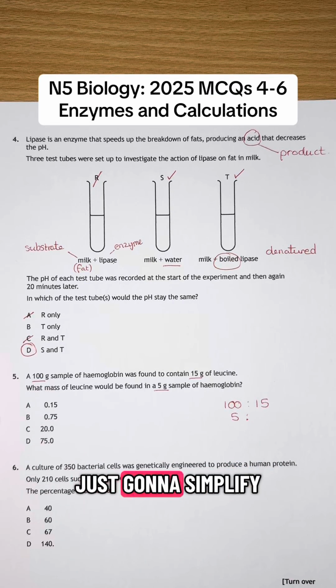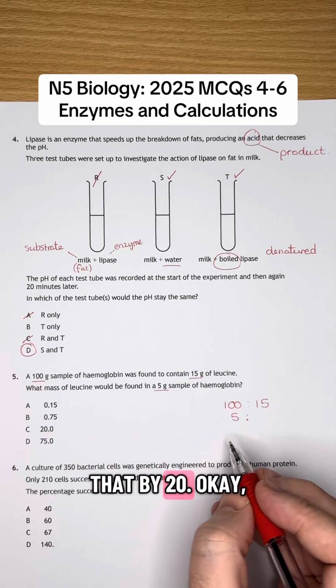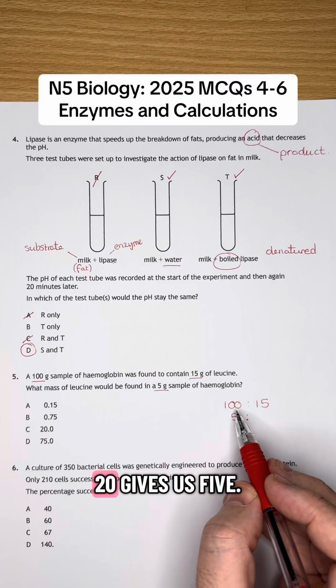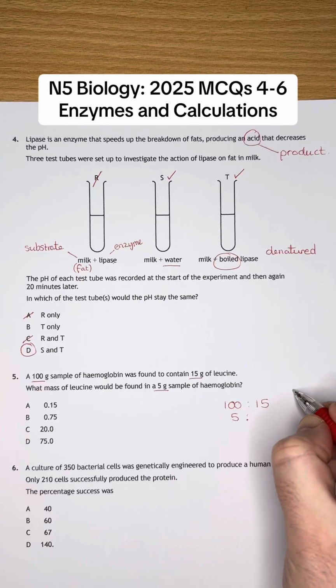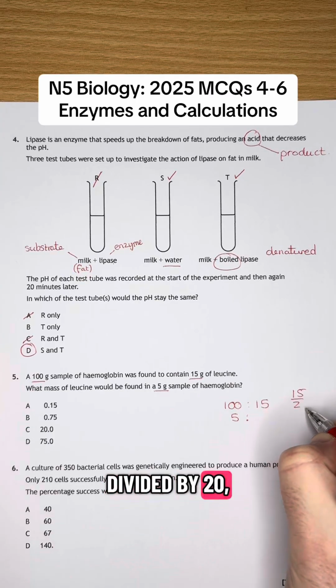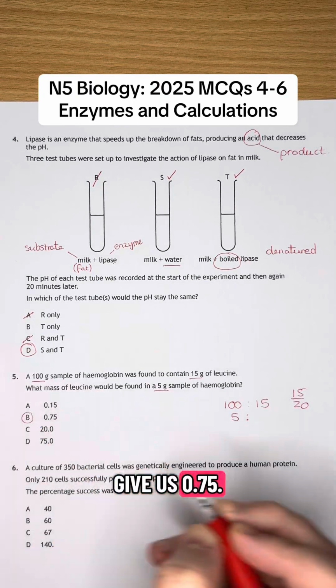Okay, so we're just going to simplify both of these by a similar factor. So how do we get from 100 down to 5? Well, we divide that by 20. Okay, 100 divided by 20 gives us 5. And so this time we're just going to do 15 divided by 20. And that should give us our answer, okay? 15 divided by 20 is going to give us 0.75.